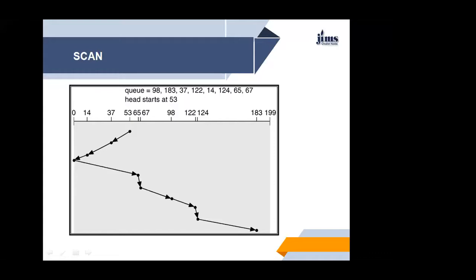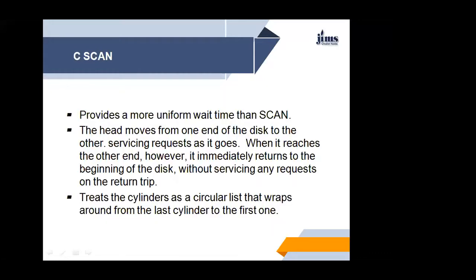Okay, now we will see C-SCAN, the circular scan. Circular scan or C-SCAN scheduling is a variant of scan designed to provide a more uniform wait time. Like scan, C-SCAN moves the head from one end of the disk to the other, servicing requests along the way.